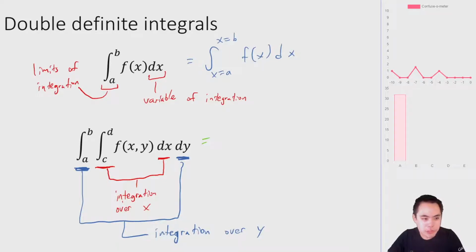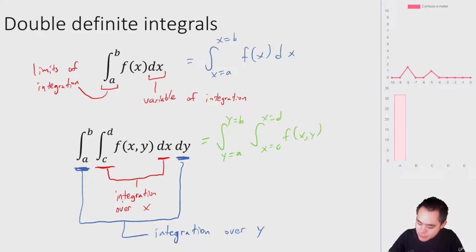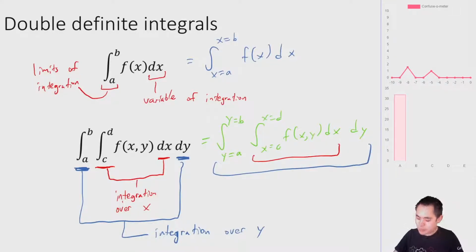This is the integral for y equal a to y equal b, integral x equal c to x equal d, f of x y dx dy. There are two pieces, so you do this piece first, and then you do this piece next. That's just a notational question, so this is what our notation means.